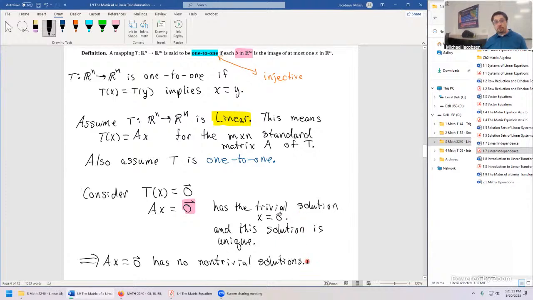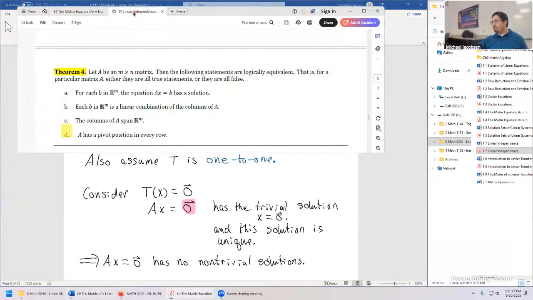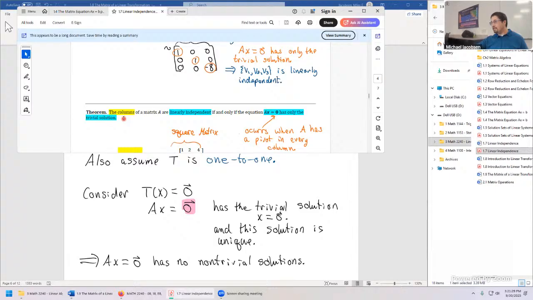But now if we have no non-trivial solutions, what would you say that would relate to? Is that linear independence or is that linear dependence? Anyone recall which way this would go? Absolutely. Having only the trivial solution, see if we have this somewhere in the notes. Yeah, right over here. If you have only the trivial solution, then the columns of the matrix A are linearly independent.